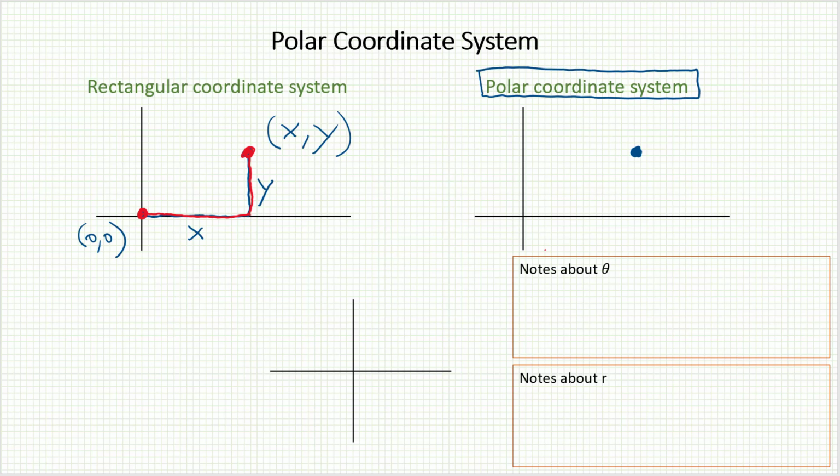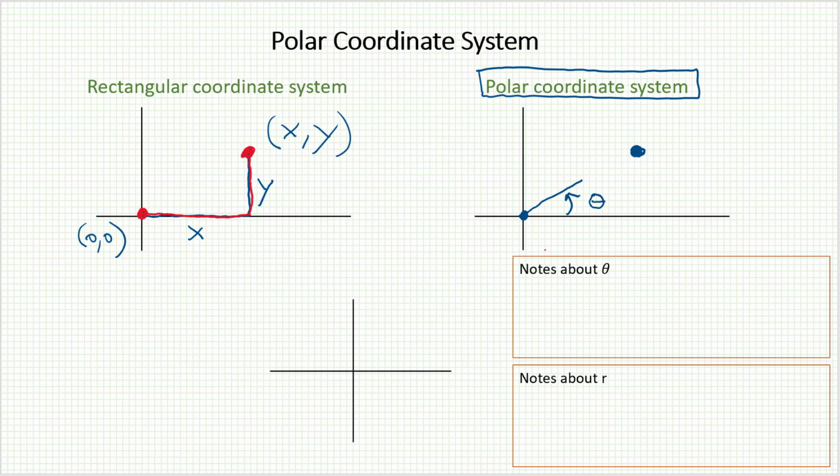How does this system work? Well, once again, I'm going to start here at the origin. But the polar system is not based on moving horizontally or vertically, left, right, up, down. The polar system says, look, if you want to start here and end up at this other point, just rotate from the positive x-axis a certain angle, whatever angle you need to be facing the point you're trying to get to.